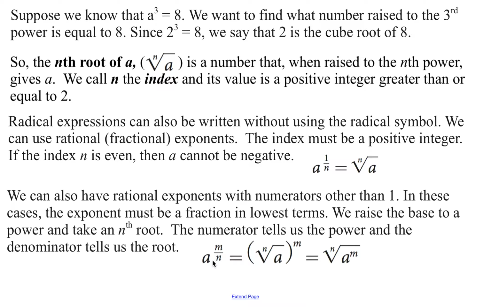Radical form, remember the denominator is the index or root number. And then we can either put the exponent, the numerator here, outside of the radical, or we can put it inside the radical with the base number, with that radicand. Whichever way is easier for you to simplify, they mean the same thing.